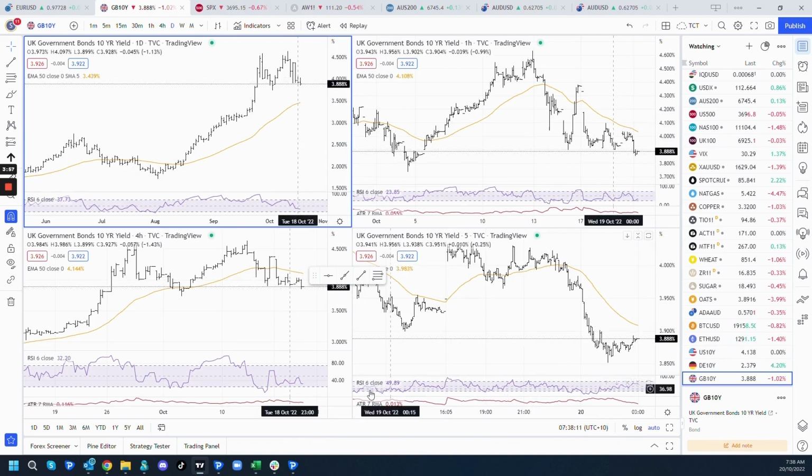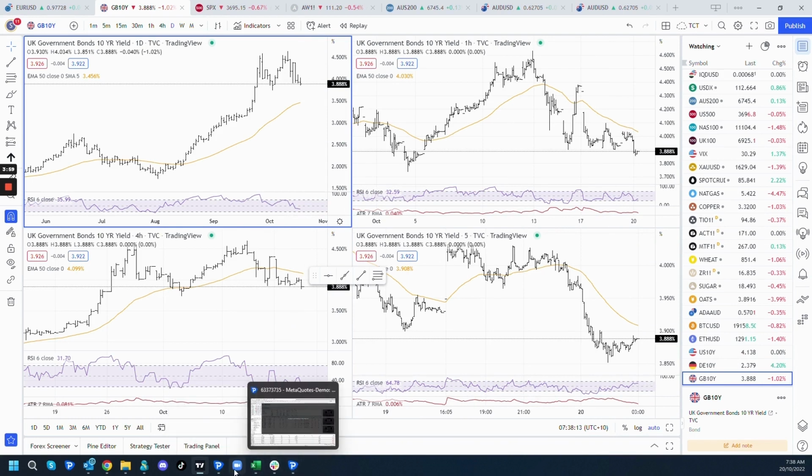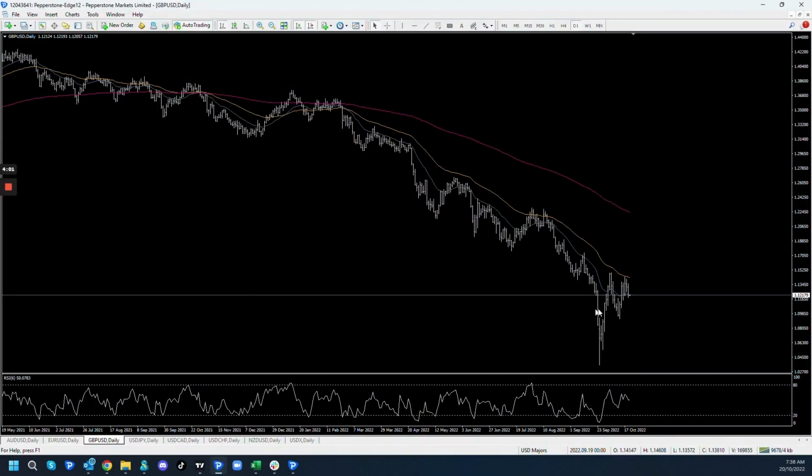So bit of a shambles over in the UK and their government. That's putting the most pressure on the bonds. But similarly to the euro, getting lower lows all the way across here until this point in time. So ideally it would have been better to break that and suggest an uptrend, but that's not happening. So perhaps we are going to go back and have a look at that 103 level.